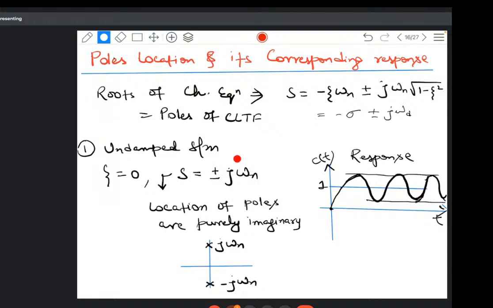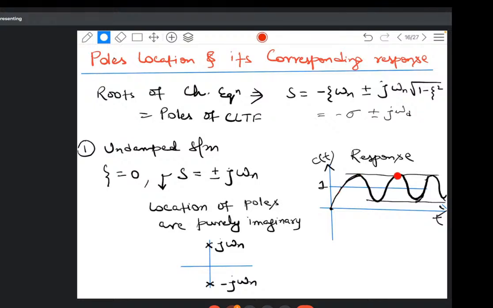Now you know that if the value of S does not include any attenuating or amplifying term, that is the real part, the oscillations will be sustained oscillations. They will neither decrease nor increase.